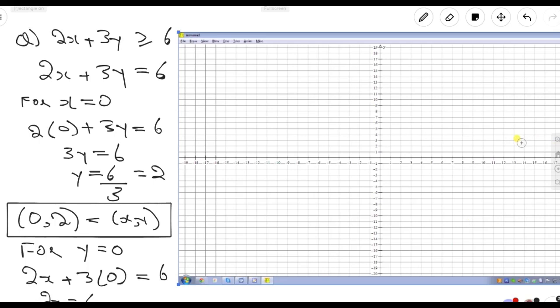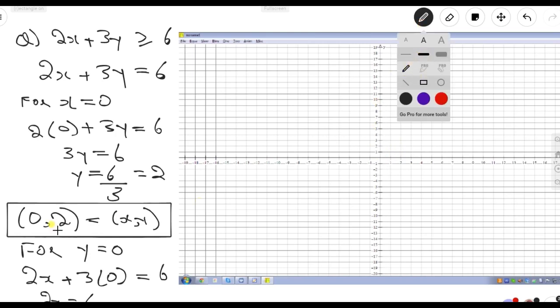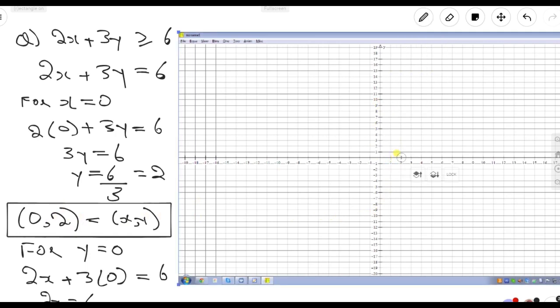Though the grids aren't full squares, they are rectangular strips, but still they are the grids. Now we are going to plot these points. (0, 2) is over here. (3, 0) is over here. That's your (0, 2), and that's your (3, 0).